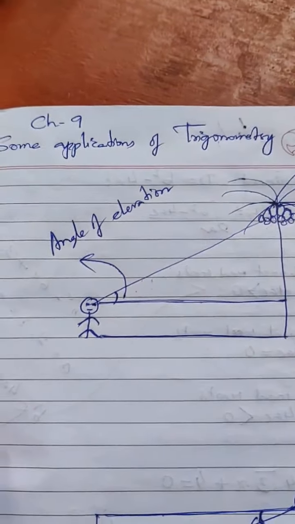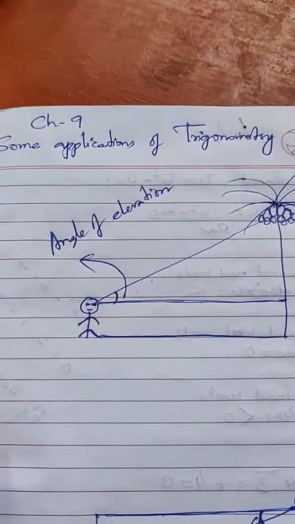So when you're looking straight, you can imagine one line, and when you are looking up, you can imagine another line. And this line is going up and this line is straight.